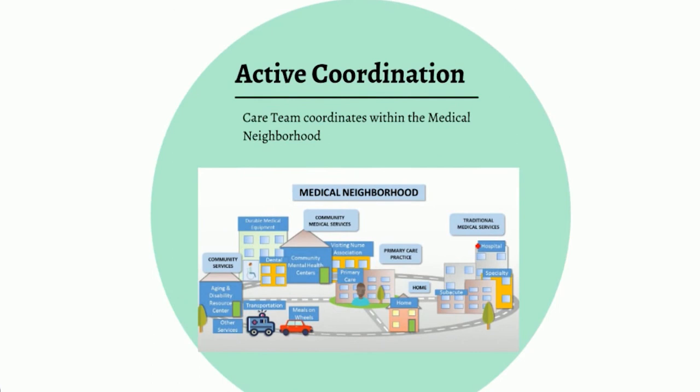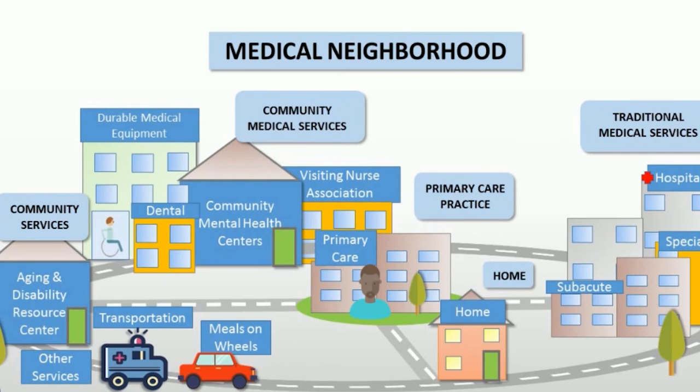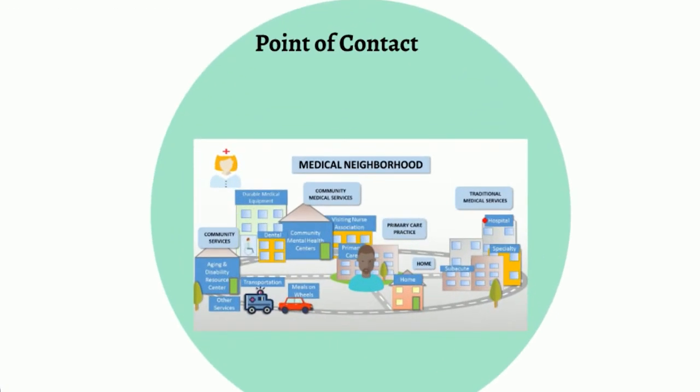Active coordination. The care team coordinates with the medical neighborhood. Coordinating among all providers assures that all services continue as seamlessly as possible, particularly during care transitions when the person moves from one site of care or residence to another. The primary point of contact should play an active facilitation role in this process.